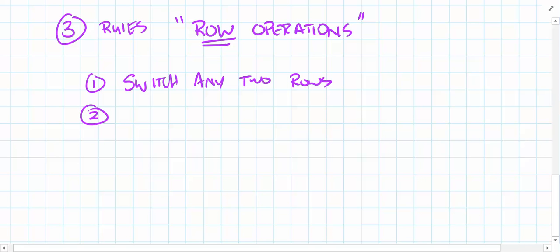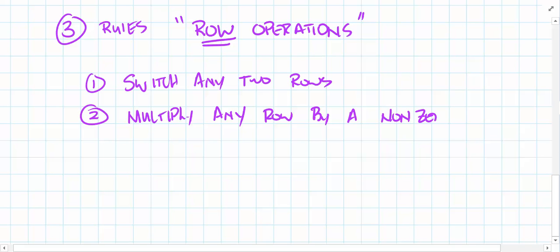The second rule is you are allowed to multiply any row you want, any row, by a non-zero constant. So you're not allowed to say, I'm going to go ahead and multiply row 3 by 0 and then eliminate it. That is unfortunate. You're not allowed to do that. But you can multiply row 3 by, say, 2, 5, whatever you want, right? As long as it's a non-zero constant.